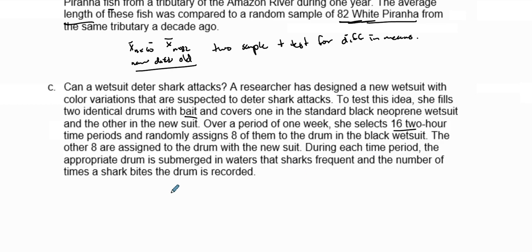So really what we're doing is we're comparing two different drums at different times. Two sets of different drums. So we have 8 and 8, so two different sets, and drums at different time intervals.